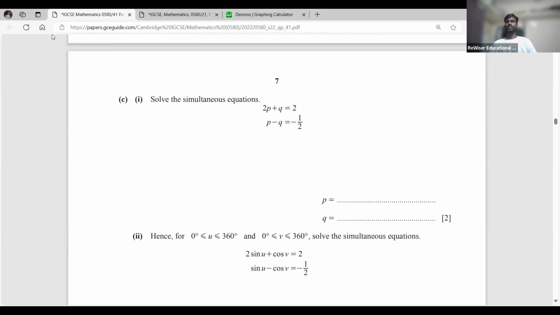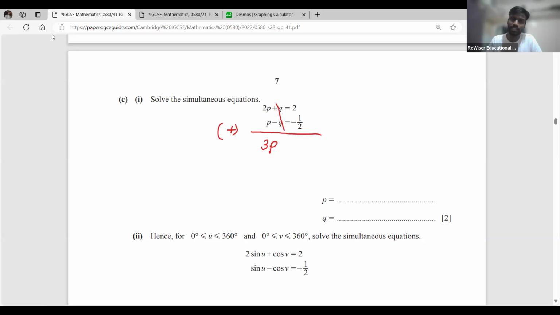And here we are talking about solving the simultaneous equations. I can just solve it by elimination. So here the coefficients of q are already the same. I can directly just add them. So 2p plus p is going to be 3 times p. And plus q minus q will become just 0.